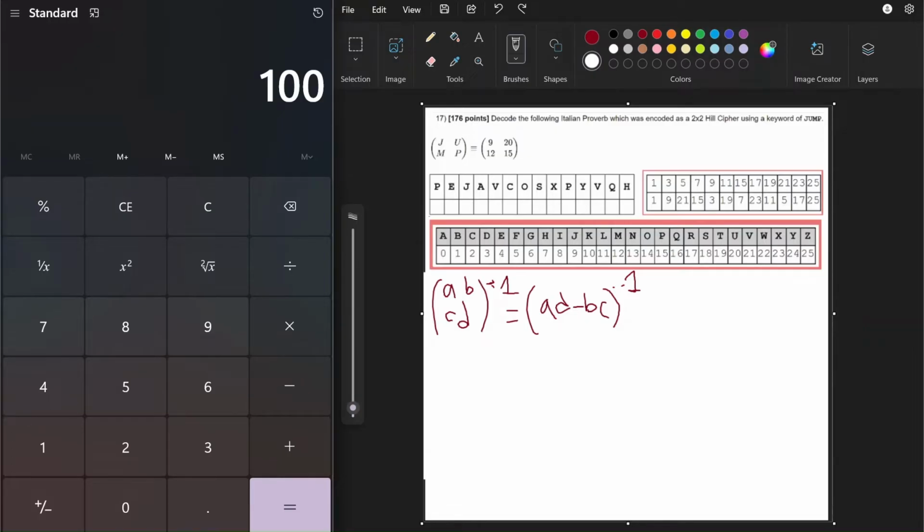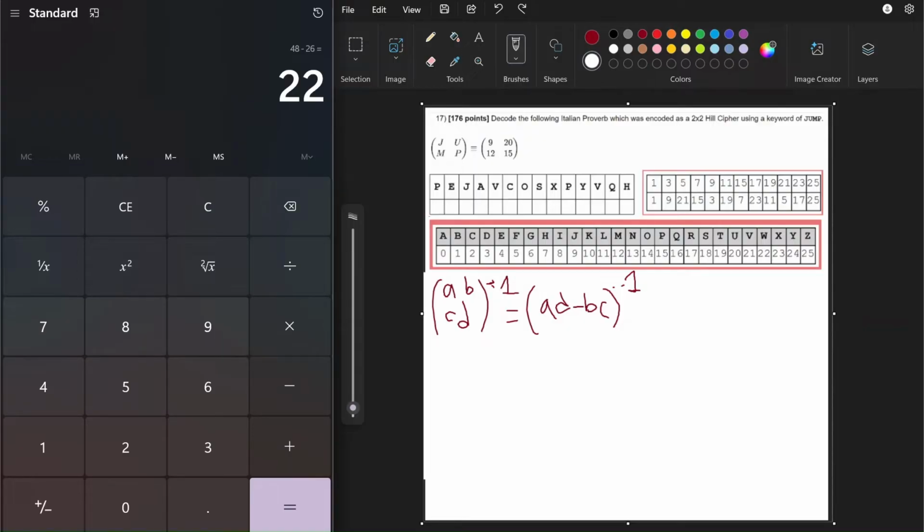So 100, if we want 0 to 25, we'd have to subtract: 100 minus 26, minus 26, minus 26, and we would get a value like 22. So if we went through an entire formula and we got to 100, we would have to run a modulus of 26 and then get to a number and then take the inverse of that.